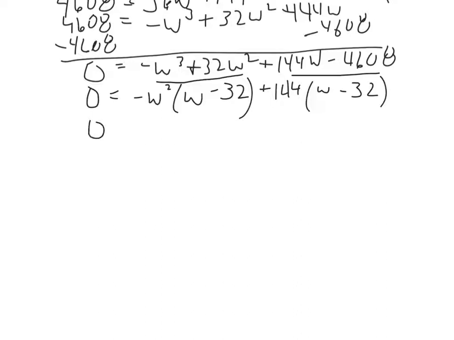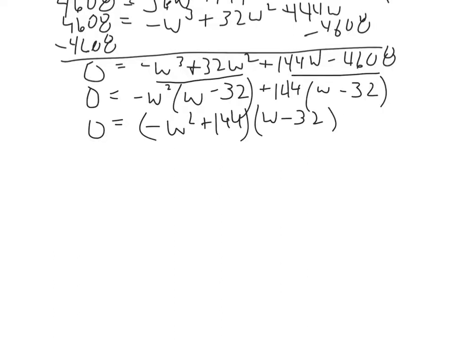That then means I can finish off my grouping by saying I have negative w squared plus 144, and then over here we're multiplying it by w minus 32.